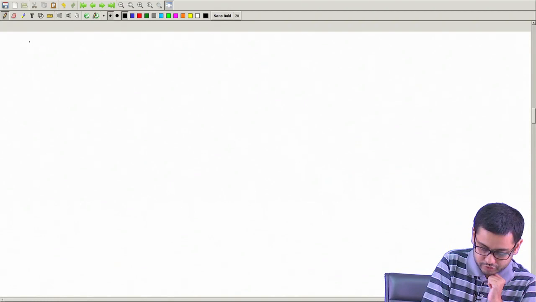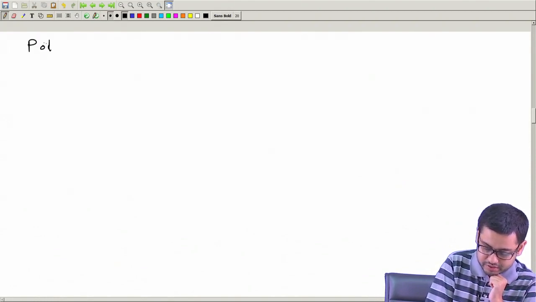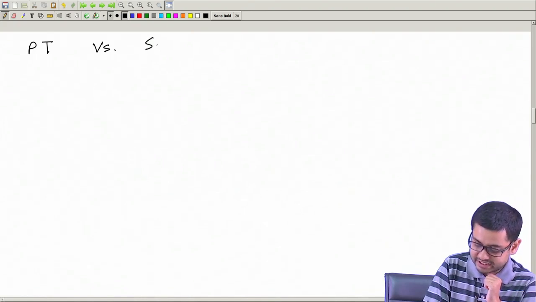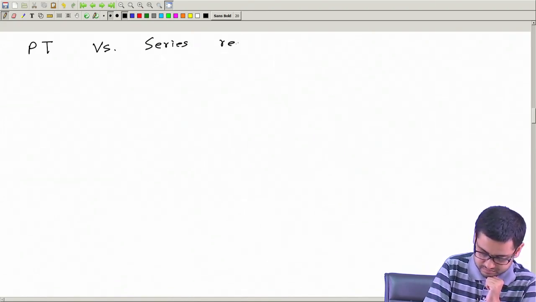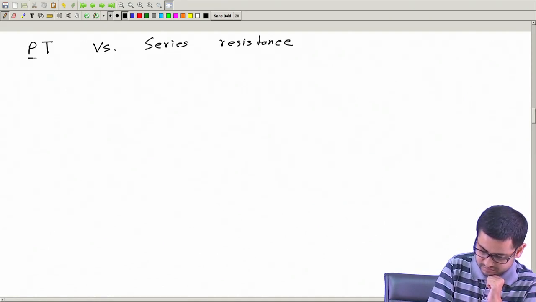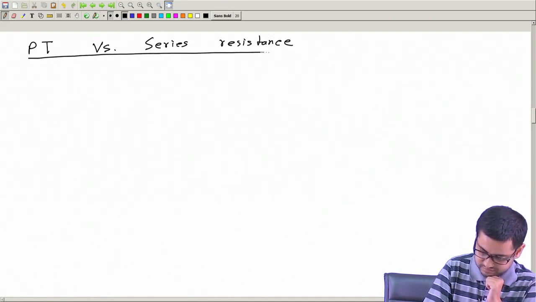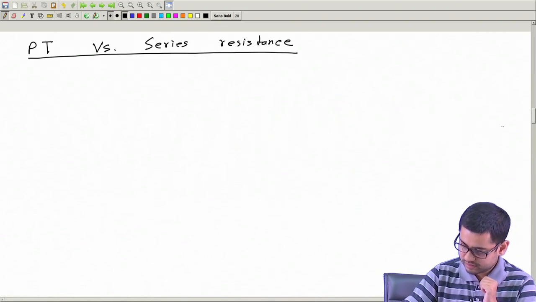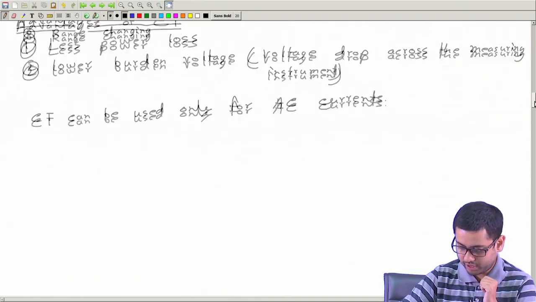Let's do the analysis of the potential transformer, PT, versus series resistance. Okay, before that, let me mention another small advantage.